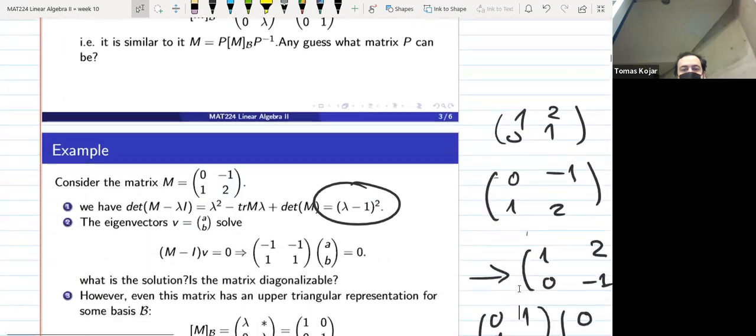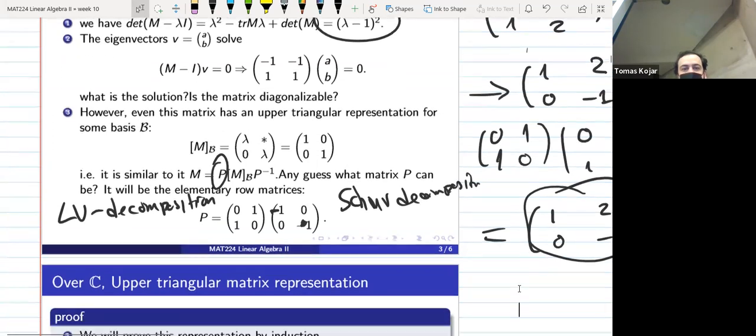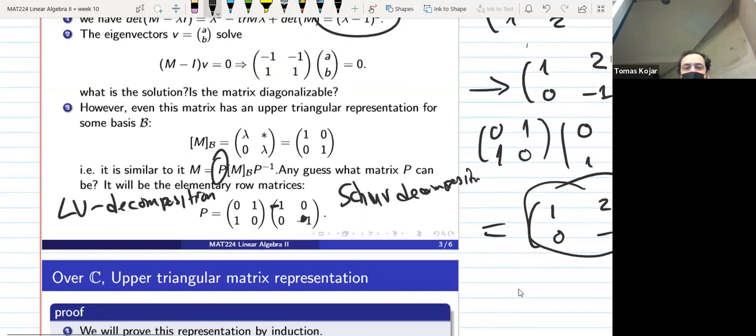We talked last time that you can find these P matrices explicitly using Gaussian row elimination. These are called the elementary matrices. You can find these matrices explicitly, and there's a big business in linear algebra of finding the fastest way to get the P matrix.